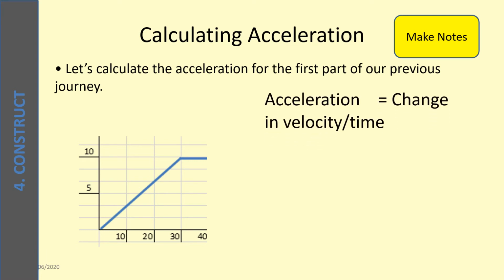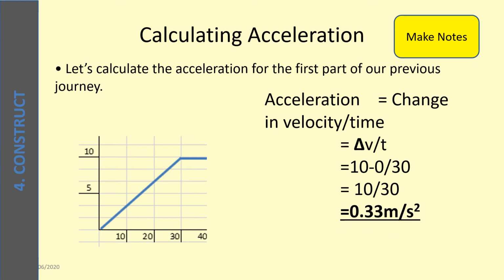So using our formula, we know that acceleration is the change in velocity divided by the time taken. And the way we noted it before was a equals delta v divided by t. So reading from the graph, the change in velocity is equal to the final velocity minus the initial velocity. Well, this is the part of the journey we're interested in.